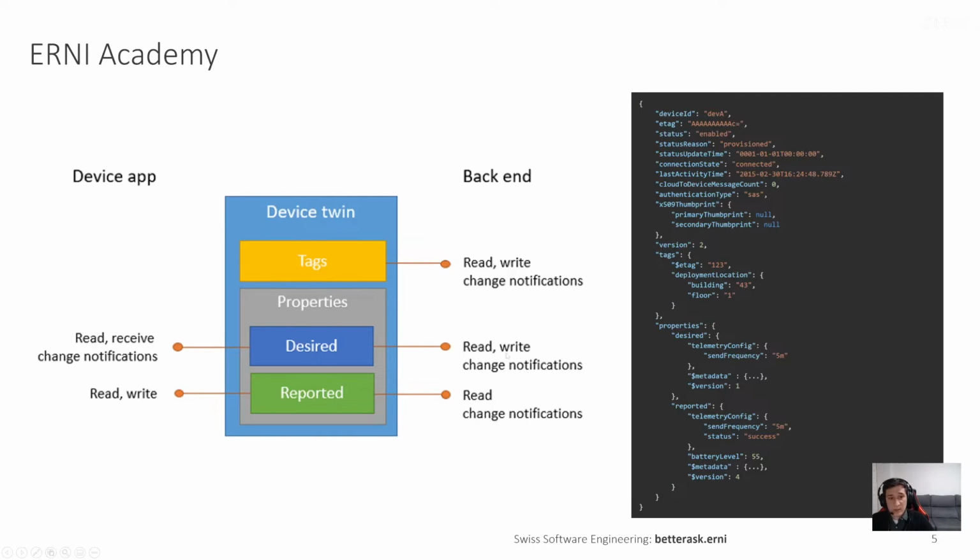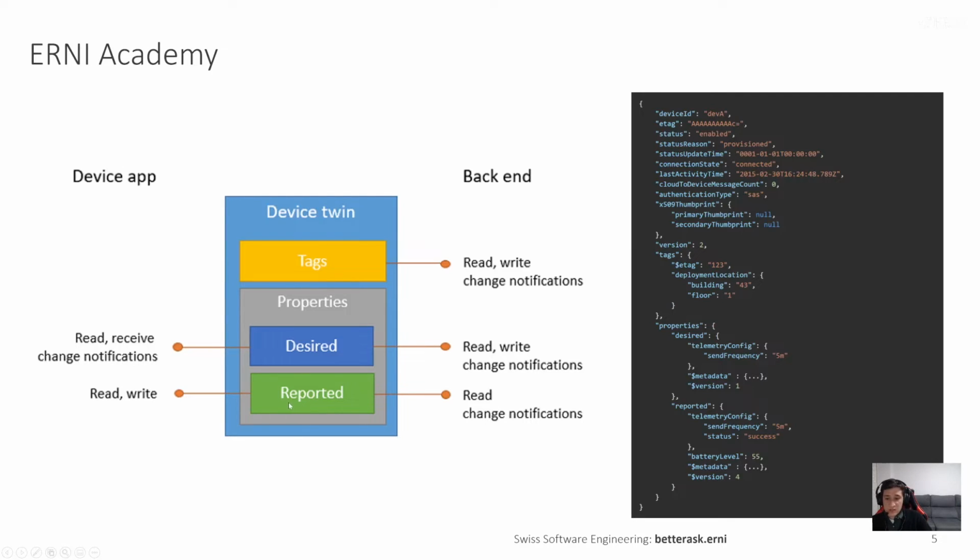And then there are the properties. The other things that you can see here are the last connection update and the type of authentication that you have. The most important thing is the properties. The properties are desired and reported. What does this mean? Desired is what the backend application or your configuration wants to set or configure on your device, and reported is the one that the device reports.